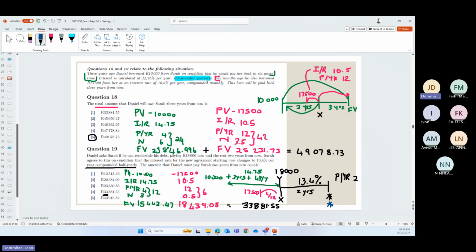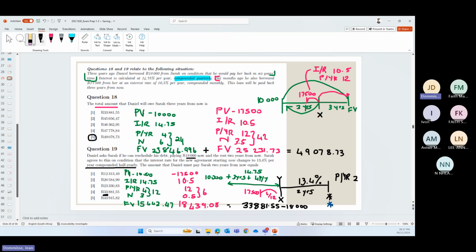Okay, so at the moment, the value is 33,881.55. He pays off 18,000. That is what they said, paying off 18,000 now. So at that point of X, paying off 18,000.